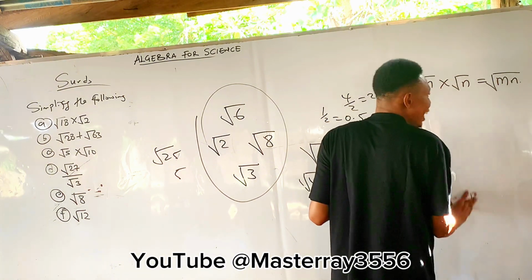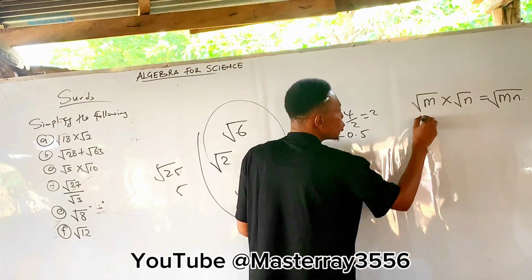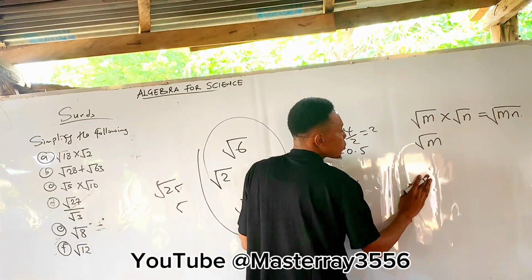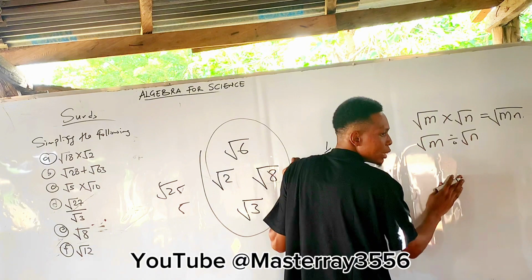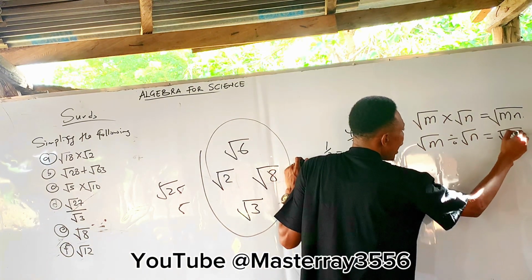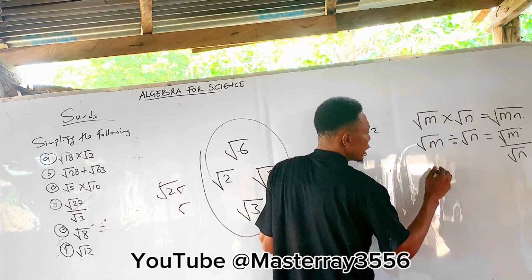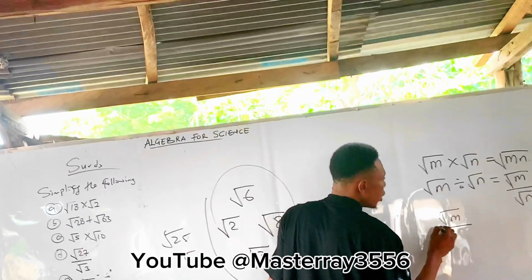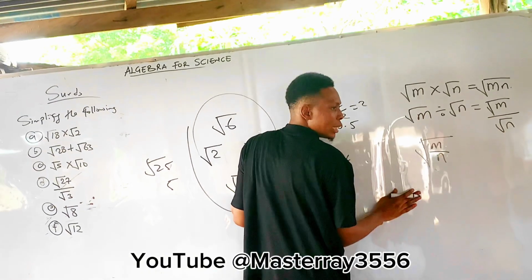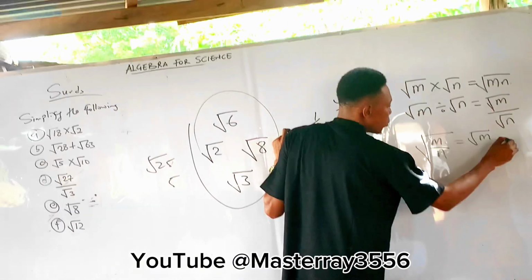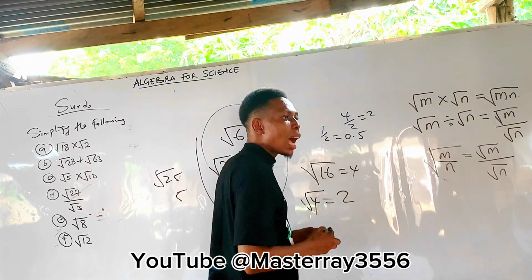And it says that if you have root m divided by root n, it is taken as root m over root n. Sorry, maybe you have root of m over n. It is taken as root m over root n. So this and this, they are still the same.